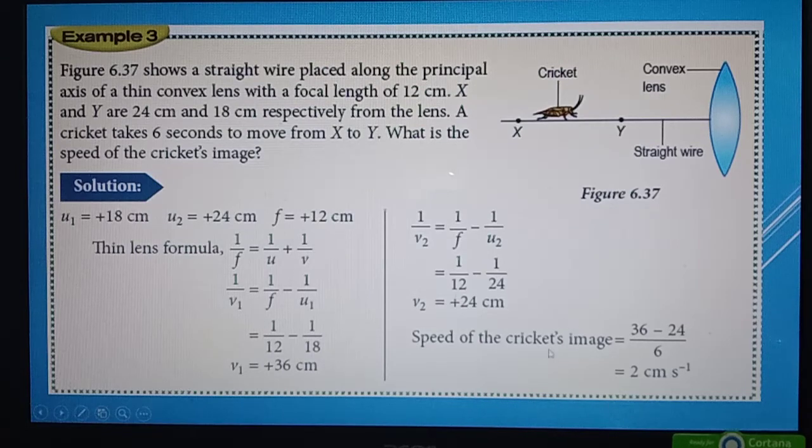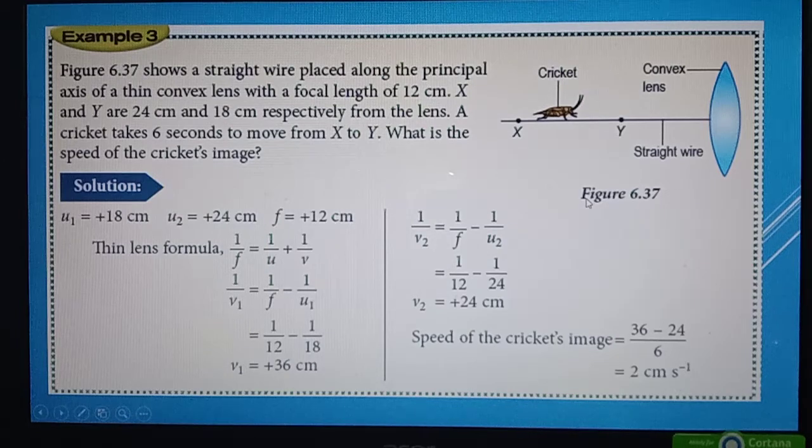By using the formula v equals s divided by t, the time taken is 6 seconds. So the distance traveled is 36 minus 24, divided by 6. Thus you get 2 cm per second.